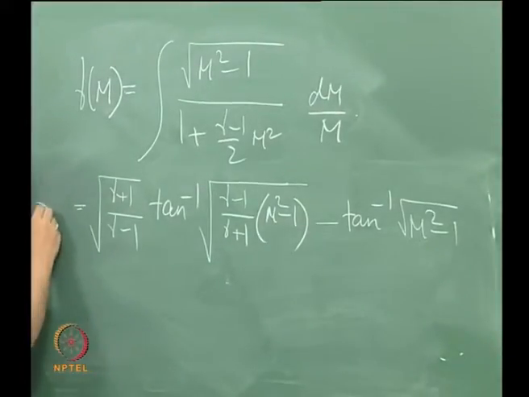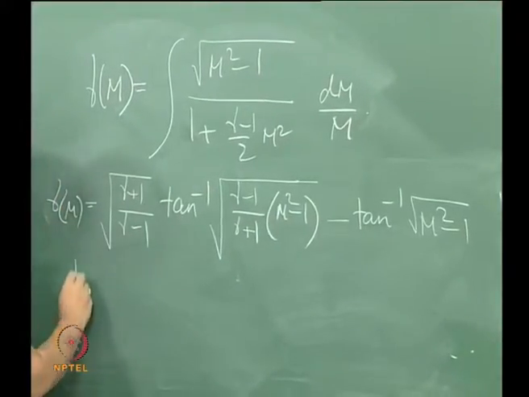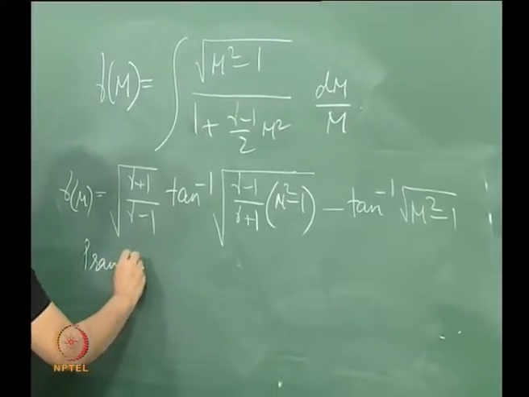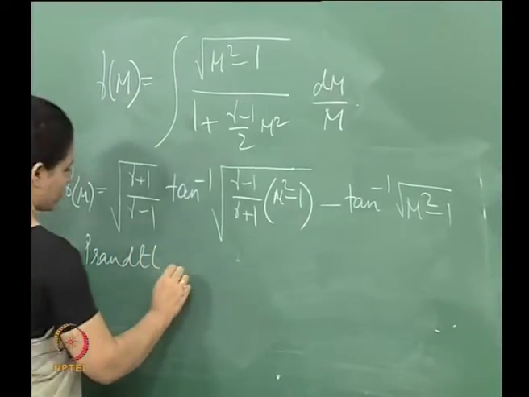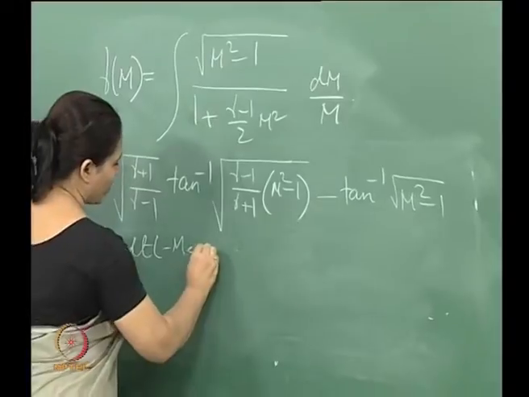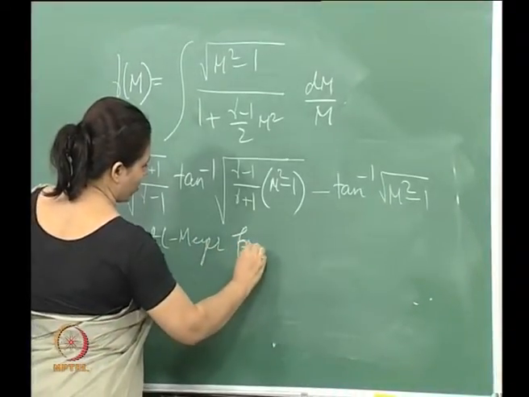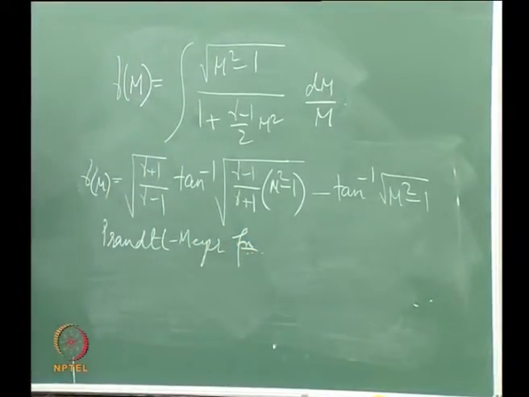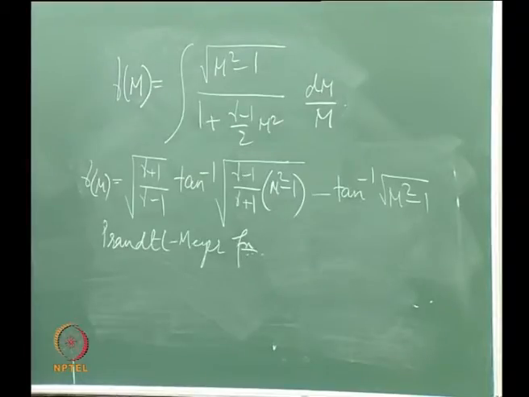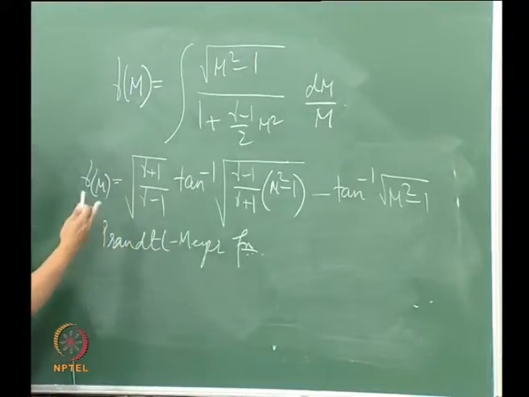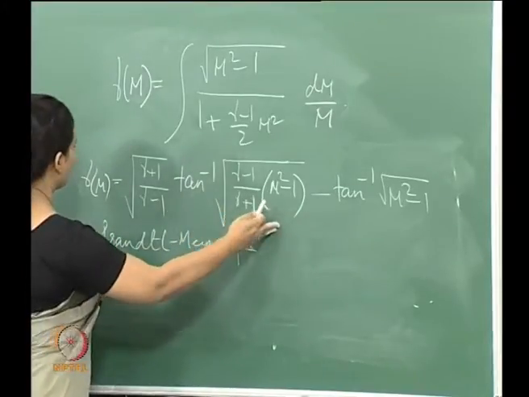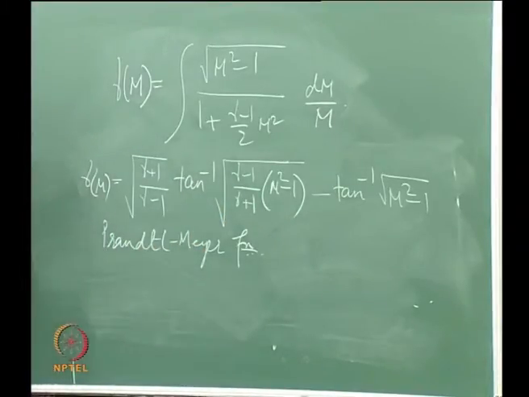So, therefore, this is the Prandtl-Meyer function. As you can see, for a given Mach number you have a corresponding Prandtl-Meyer function.